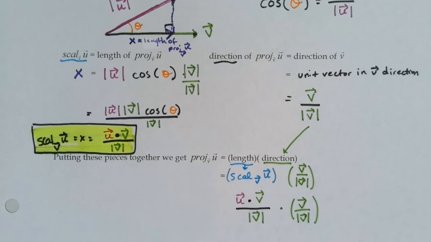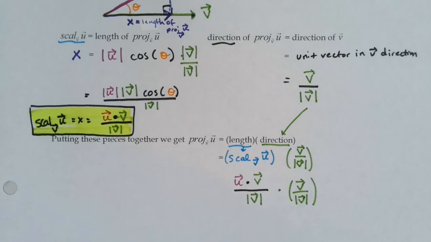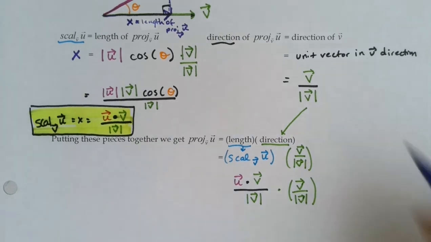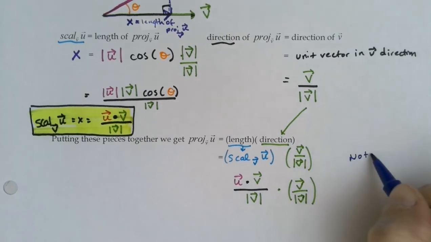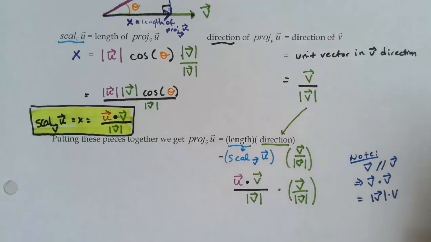Okay, well, this is just a little note over here. Note, the v vector is parallel to itself. Therefore, v dot v would be equal to the magnitude of v times the magnitude of v.